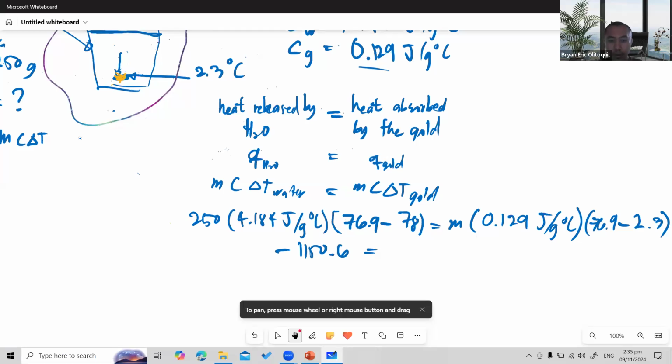So we have 9.6234, this is for the gold. So divide natin to: 1,150.6 divided by 9.6234. You will have the mass of 119.